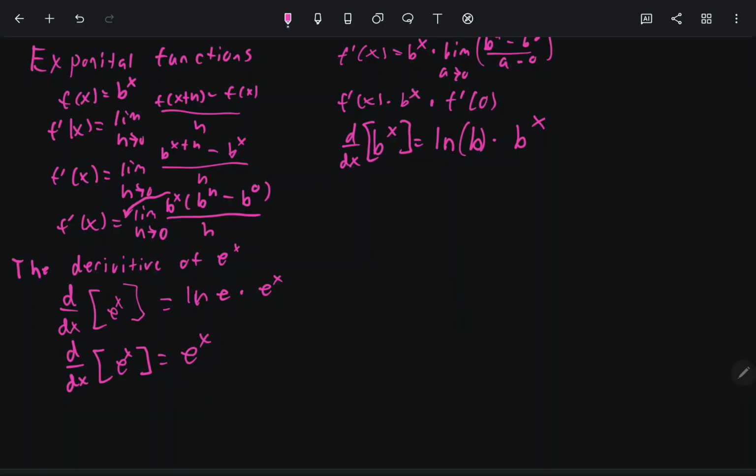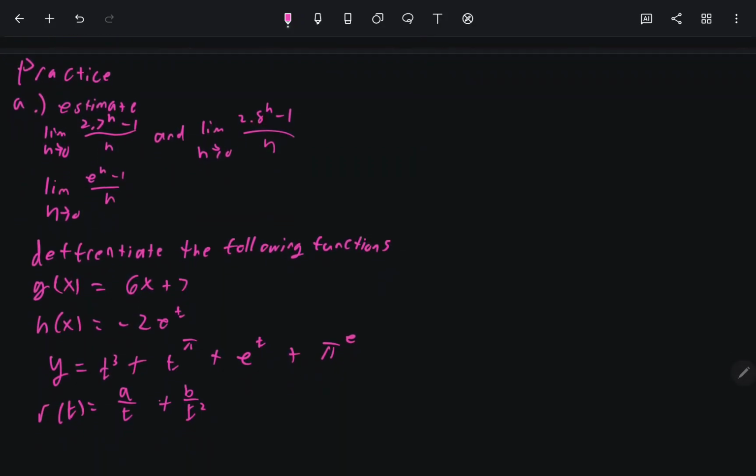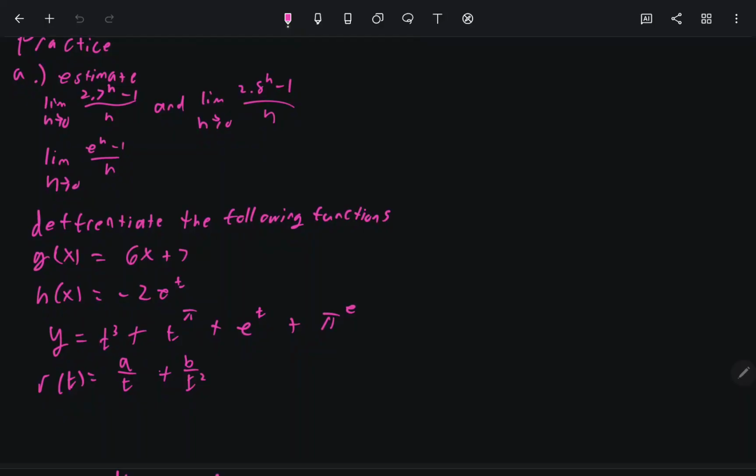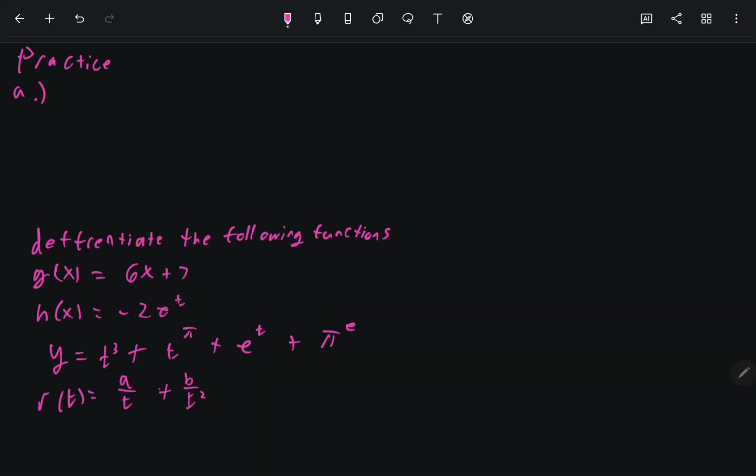The derivative of e to the x is such a cool function, and we want to work in e to the x whenever we're doing calculus. I'm actually going to erase this entire portion up here, as I feel like this video is running a bit long, and I don't want to bore you with that extra bit of practice, but I do have some following functions I'd like us to find the derivatives of.